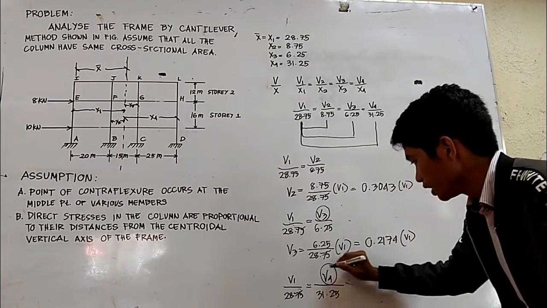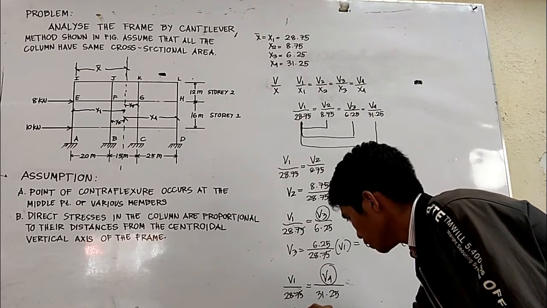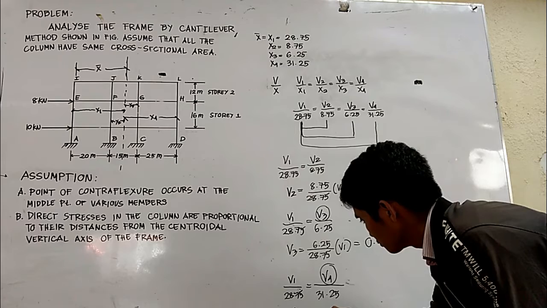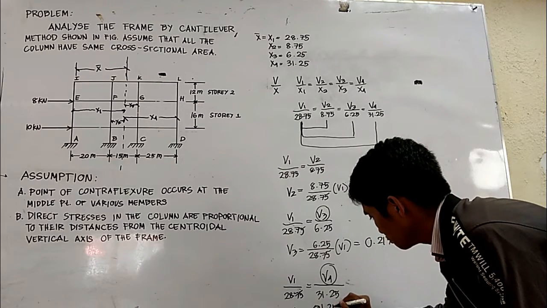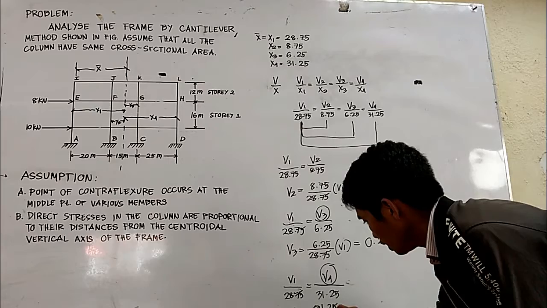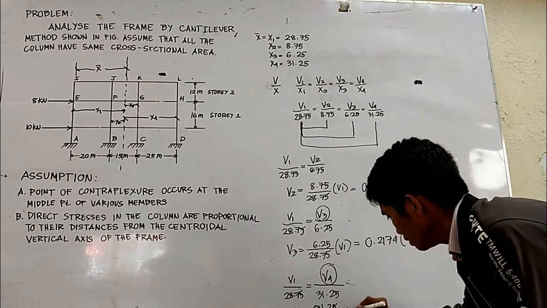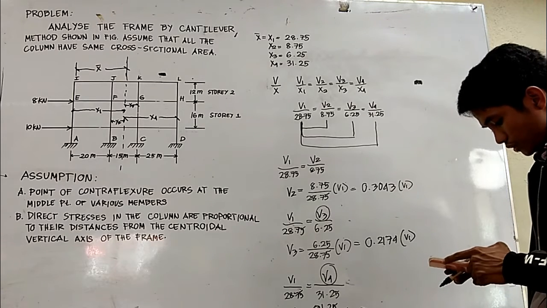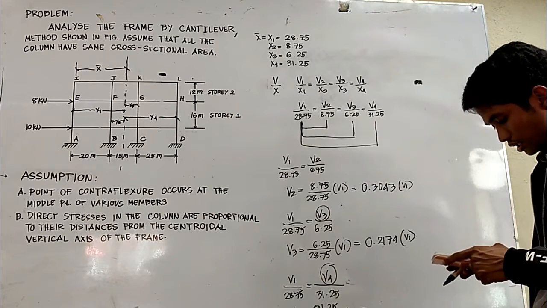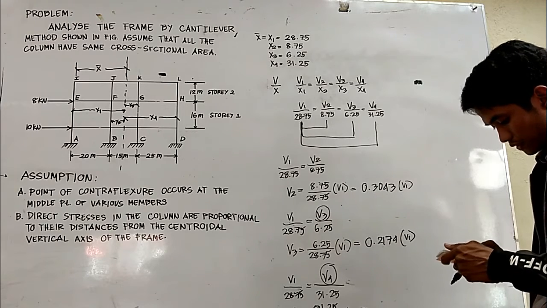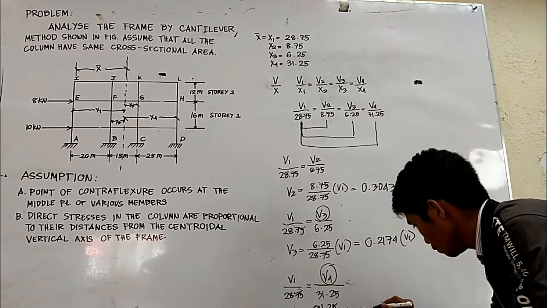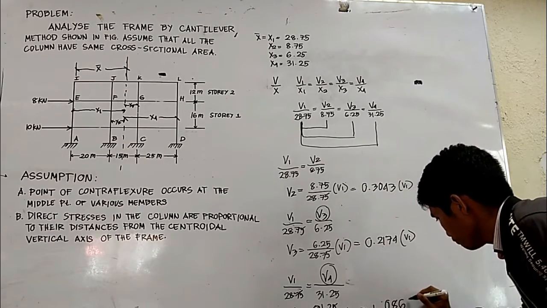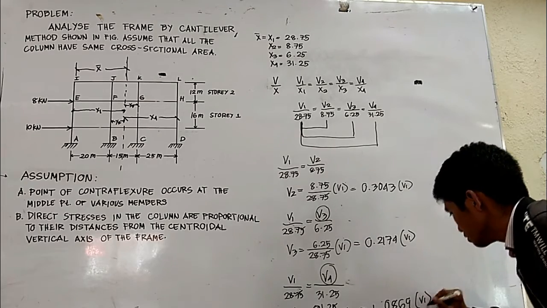So here we will find the value of V4. V4 is equal to 31.25 over 28.75 V1. So we simplify 31.25 over 28.75, so our V4 is equal to 1.0869 V1.